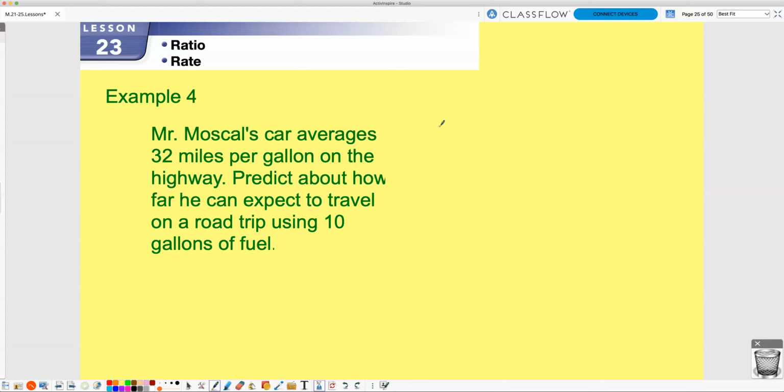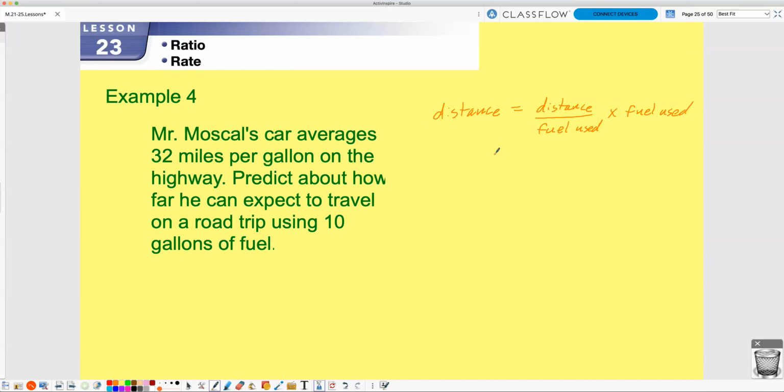So he's got a distance that he's going to go, and that will be the same as the distance he can go per gallon of fuel used, times the fuel used.